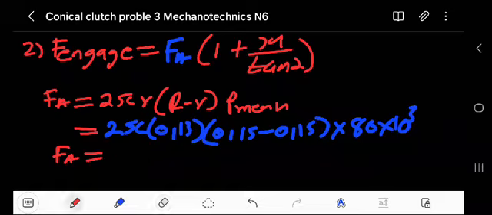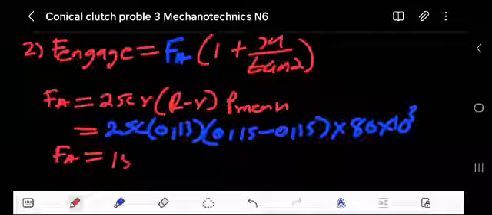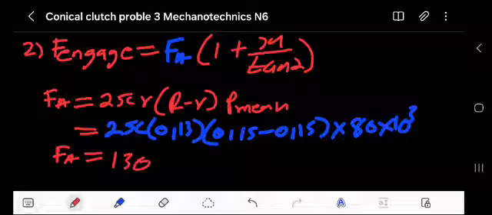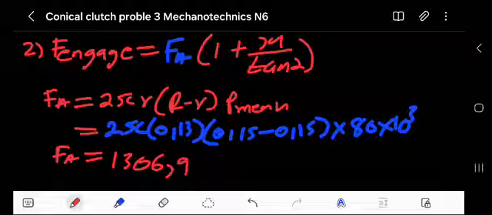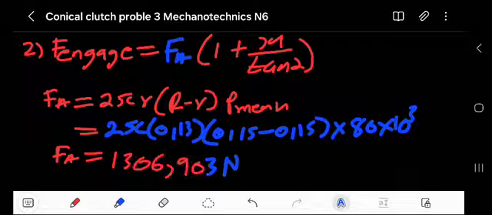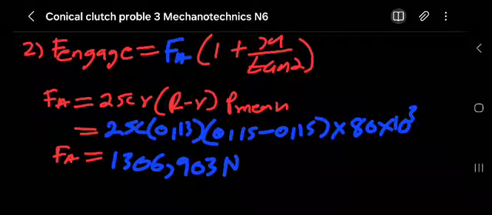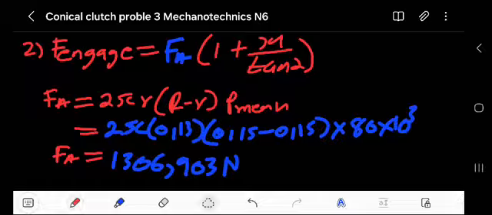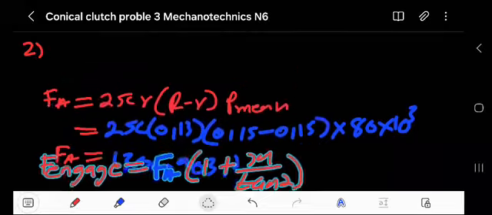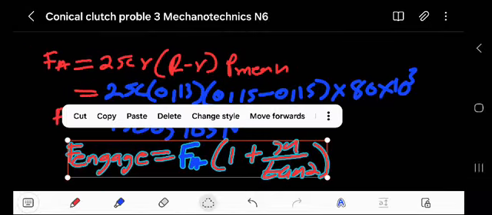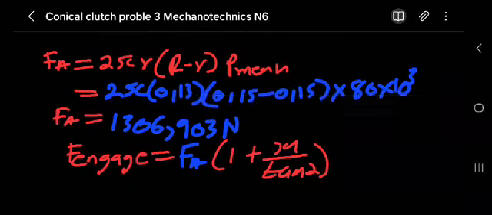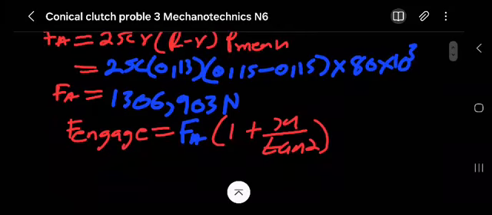This will be 1306.903. This is in Newtons, it's a force in Newtons. So we can simply use our equation, the one we've talked about now. We can use this equation here. So yes, we have the force now.